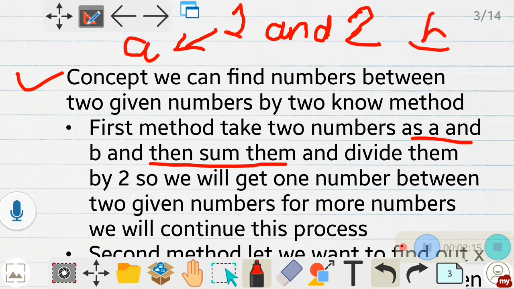We take 1 as a and 2 as b, then we add them and divide by 2. So 1 plus 2 will be 3, and we divide 3 by 2, and this is a number which is between 1 and 2.